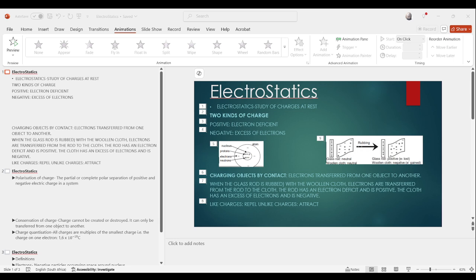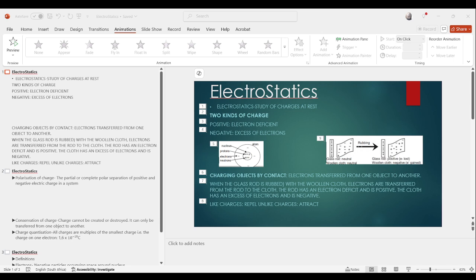So whatever charge was created back in the days, it is still there, and it can never be destroyed, but it can be transferred from one object to another. So that's the law of conservation of charge: a charge can never be created or destroyed, but can be transferred from one object to another.